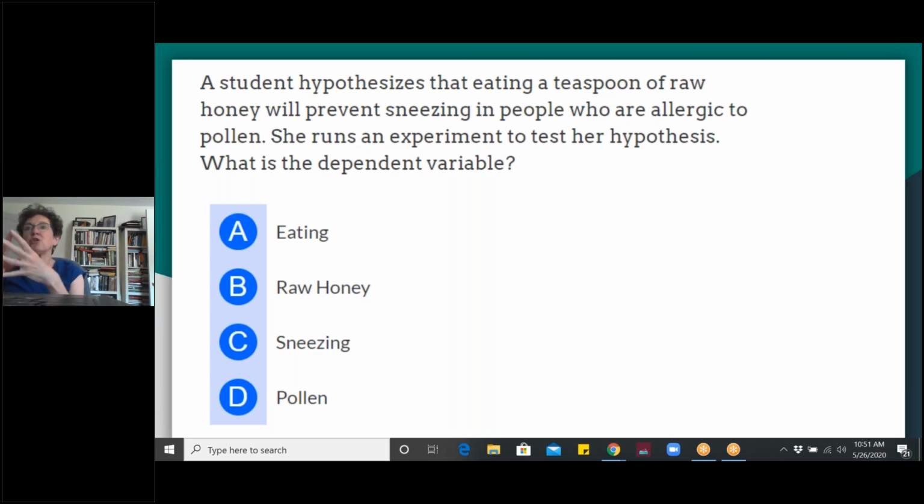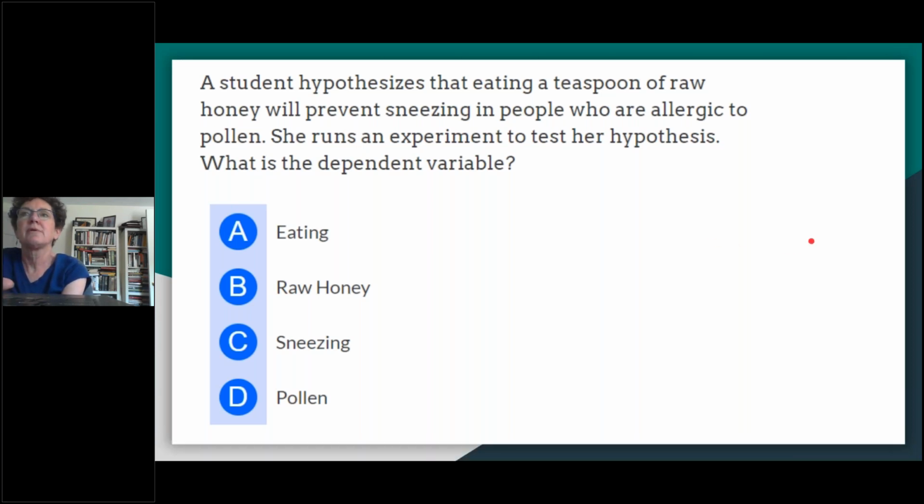So she's looking to see whether the people sneeze less. She has to measure both groups, because if they sneeze the same amount, then her hypothesis did not work out, and honey did not make a difference in the people. Beautiful. Let's look at another one.